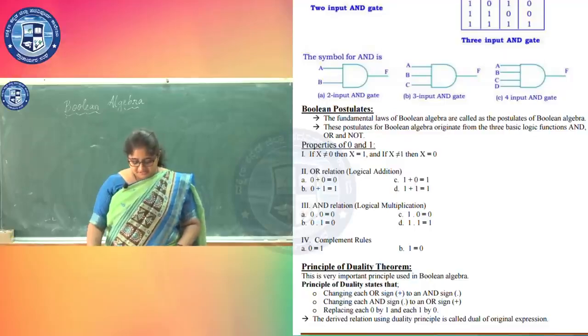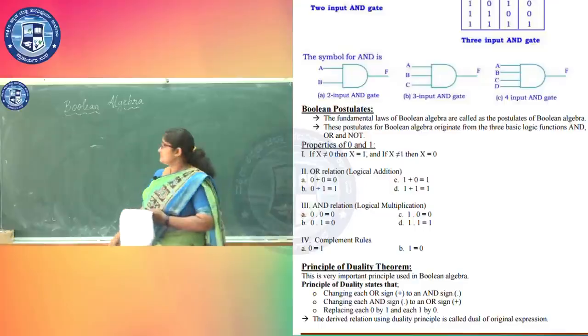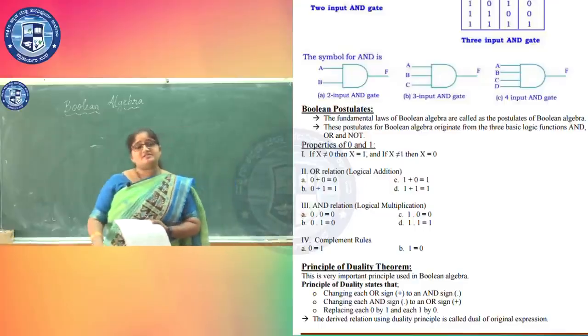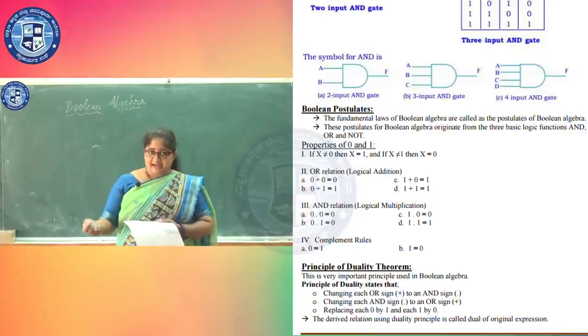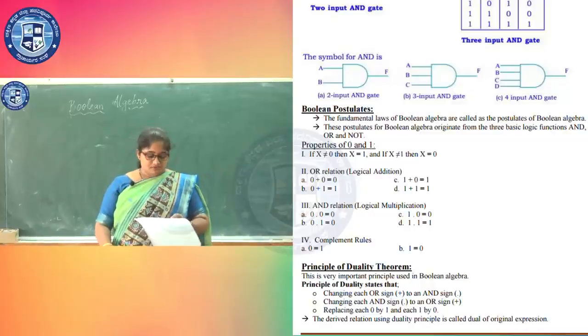Next is the principle of duality theorem. This is a very important principle of boolean algebra. This principle states that we just have to change the or sign to and, the and sign to or, and 0 to 1 and 1 to 0.